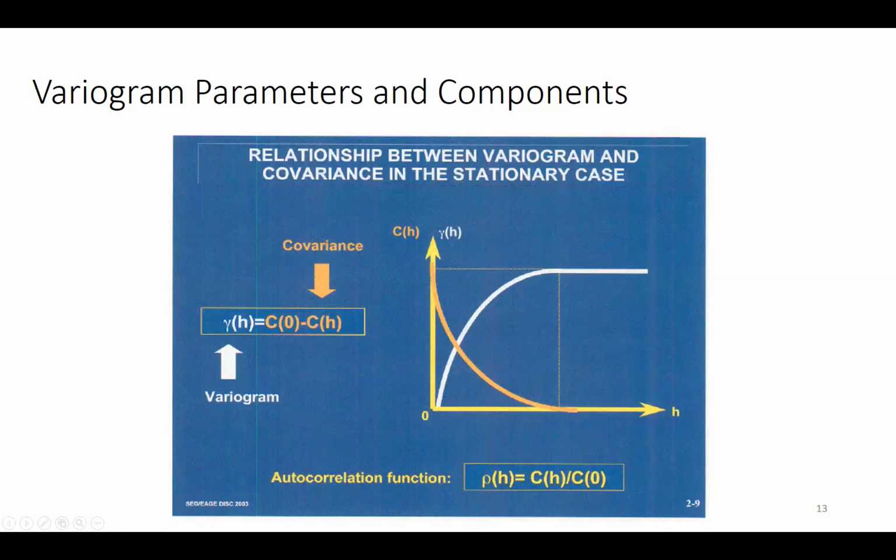Okay, let's have a look at this figure here. The variogram is over a distance, which means variation, but then in the negative direction, something decreases.